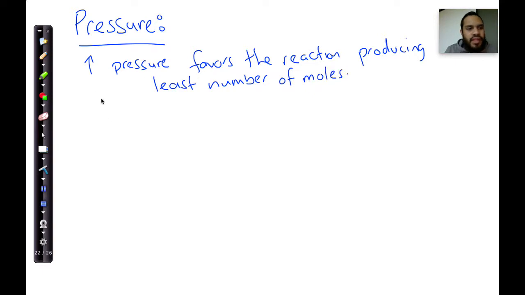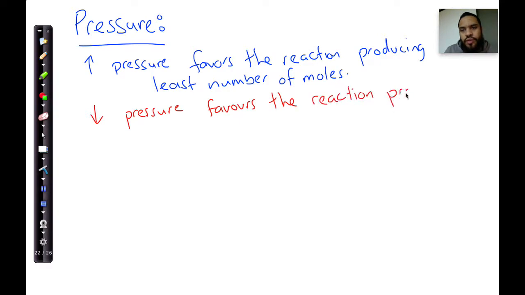And then I'm going to do the reverse and tell you that a decrease in pressure favors the reaction producing or forming the most, or the highest, number of moles.